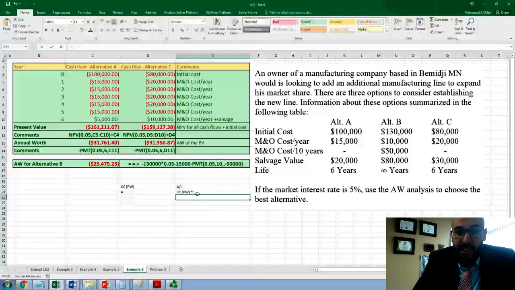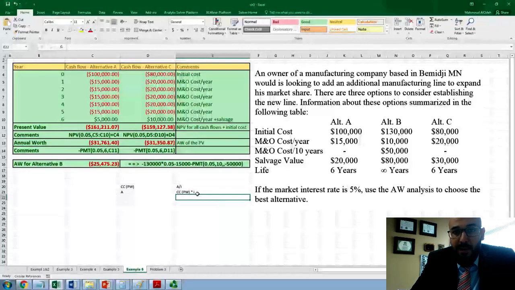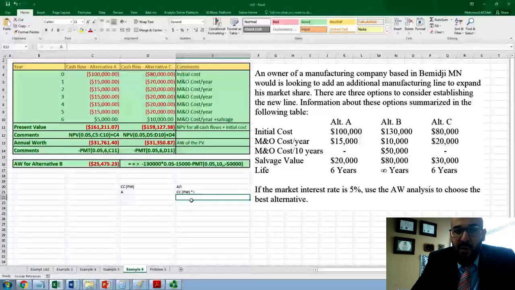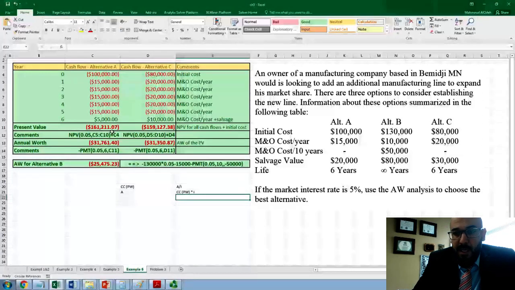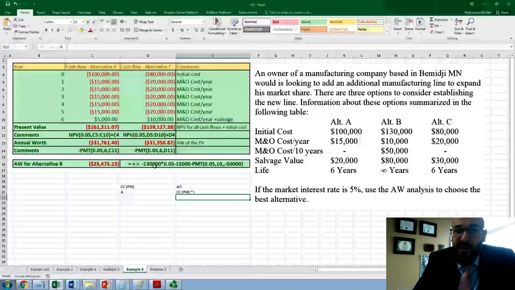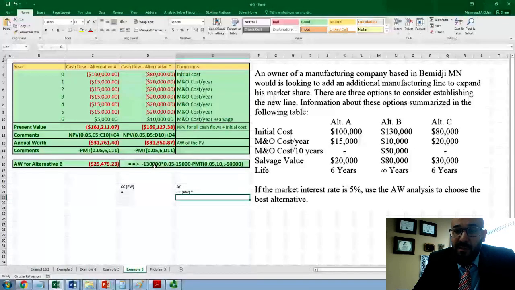Whenever we see any number in present form, we have to multiply it by i to find A. So in this example, alternative B has an initial cost of 130,000. We multiply that by 5% to find the equivalent annual amount.